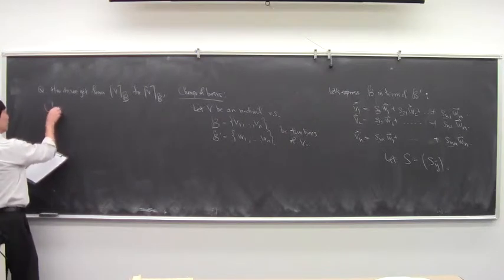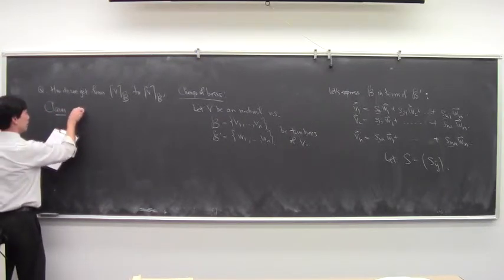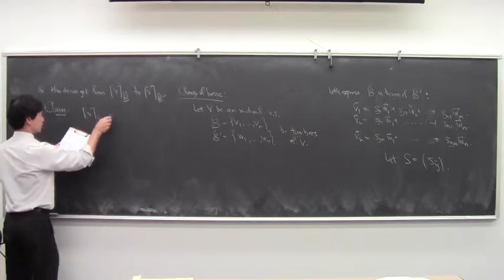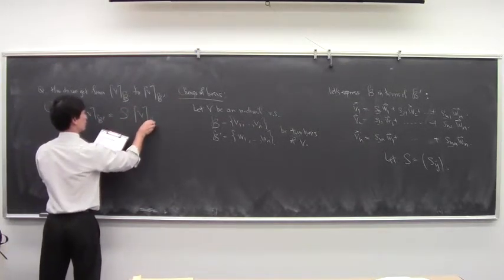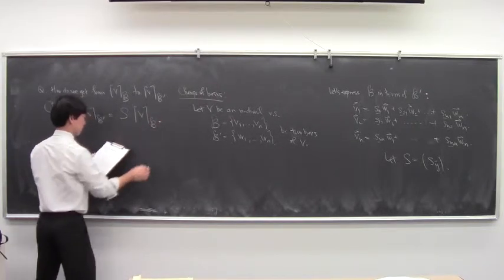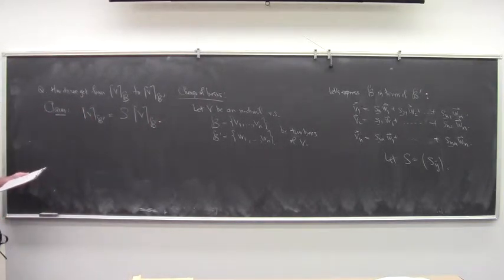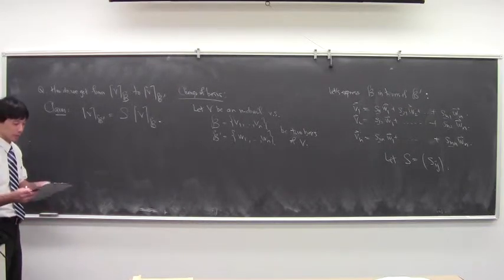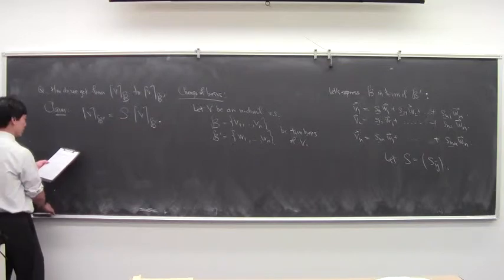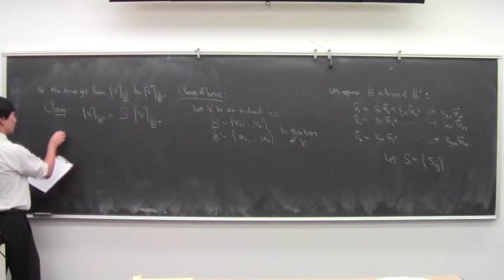And here's what we're going to claim: that the B prime guy is just going to be the matrix S times the other guy. And this always confuses me, so let me see if we can figure this out slowly.